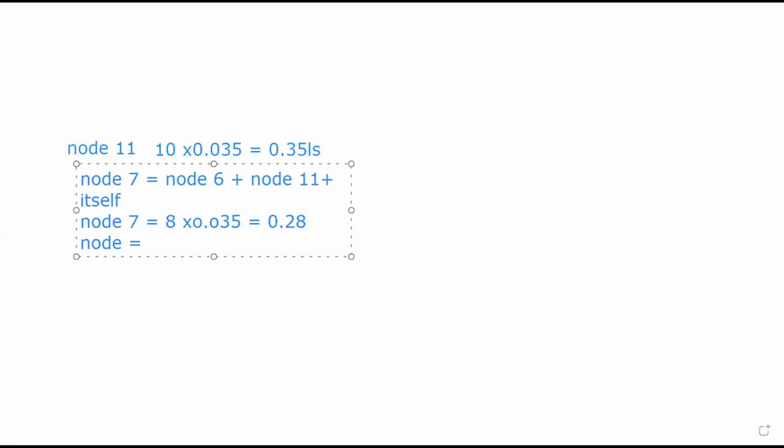And what is node 6? 1.15, plus node 11, 0.35, plus 0.28 for itself. And what's the total? 1.78.